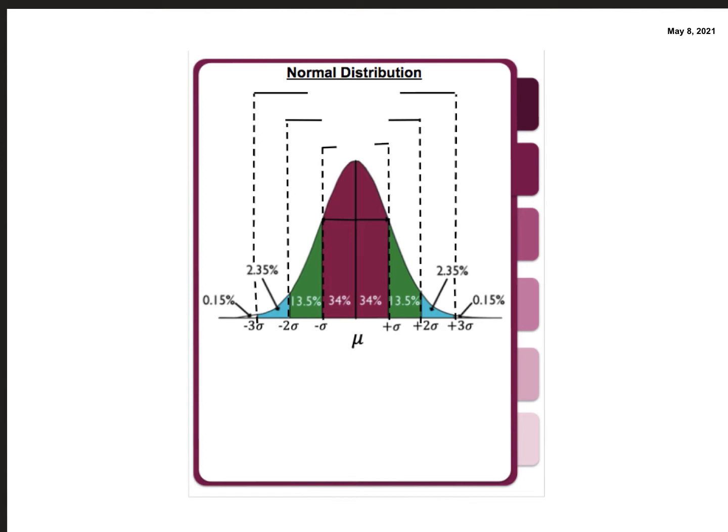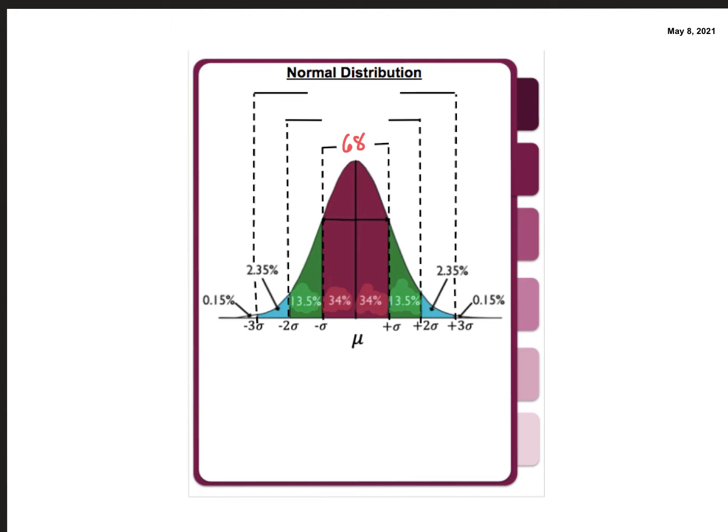So notice here we have, in that sort of magenta part, 34% on both. And if I do 34 plus 34, that would give me 68% for that whole section of my curve. And then notice we have 13.5% on either side of that.